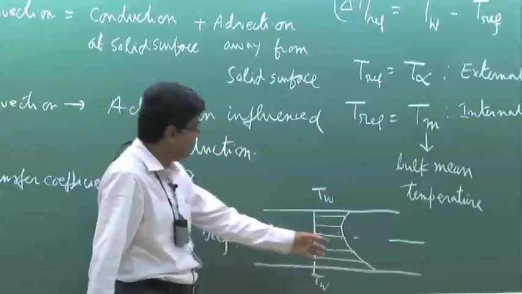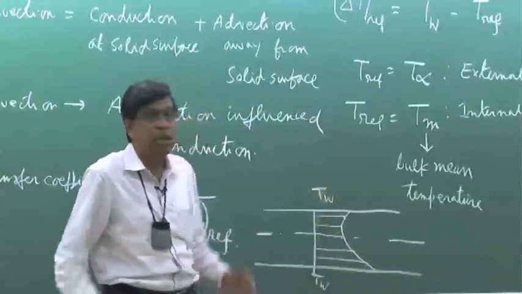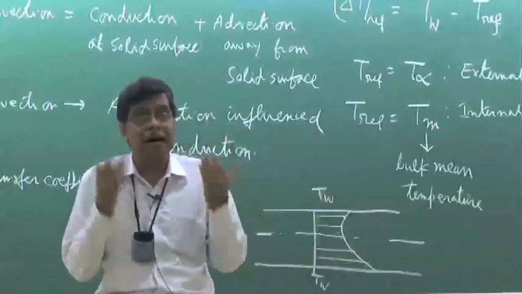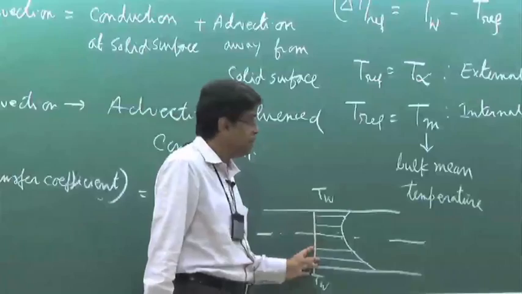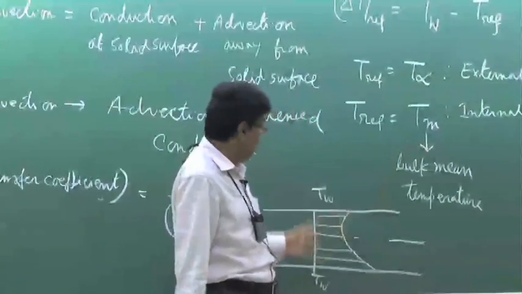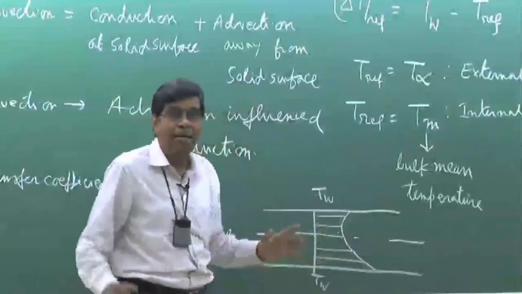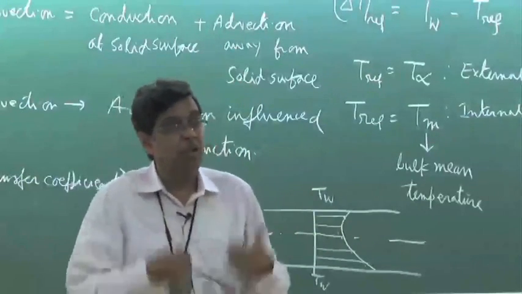So a bulk mean temperature is the cross-sectionally averaged temperature based on the total thermal energy flux crossing a particular section. That means it is that constant temperature which, multiplied by the flow rate and Cp, will give the actual thermal energy crossing that section.